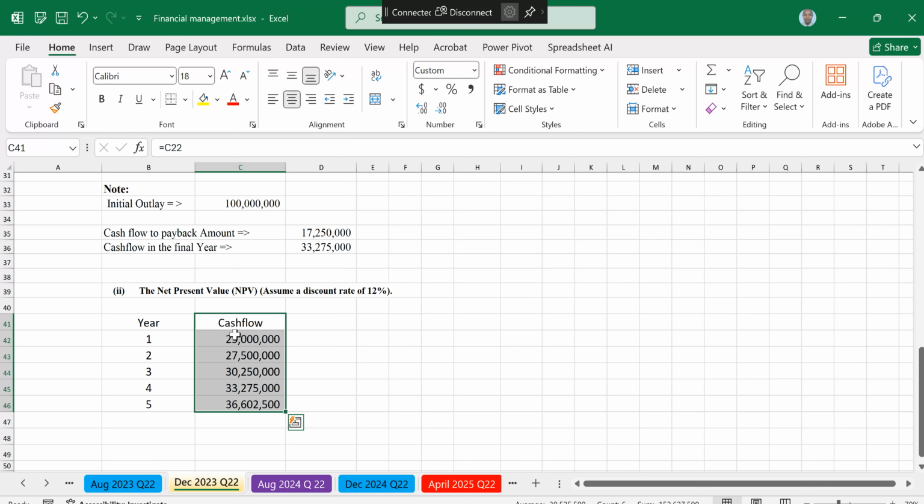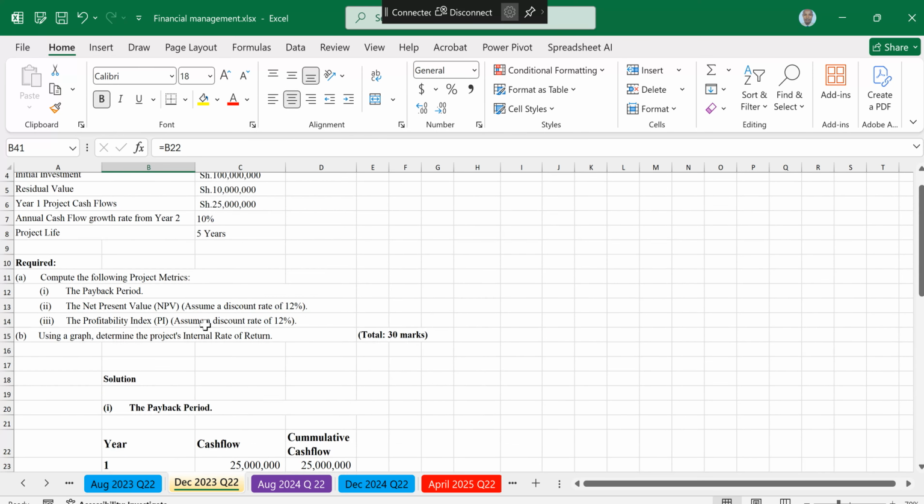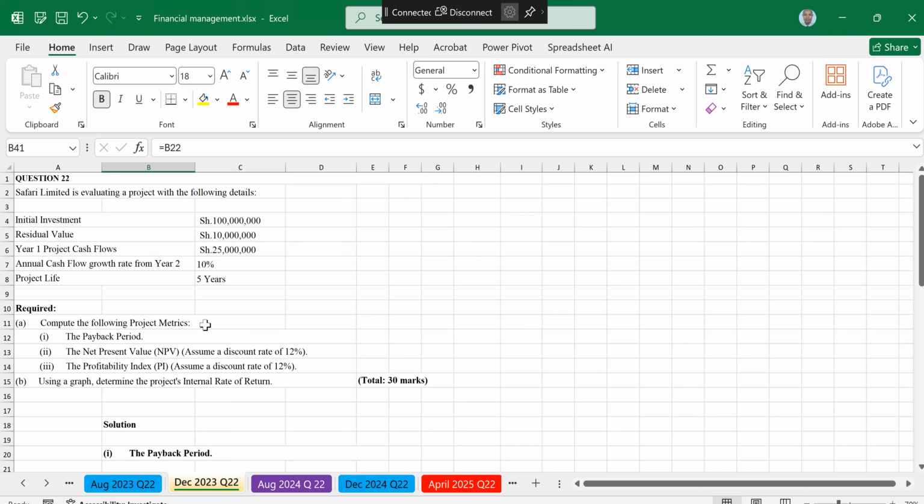Now, there is one thing that is also included in the question, and they are talking about residual value. The residual value of 10 million is usually recouped at the end of the last year. That will be added in year 5.